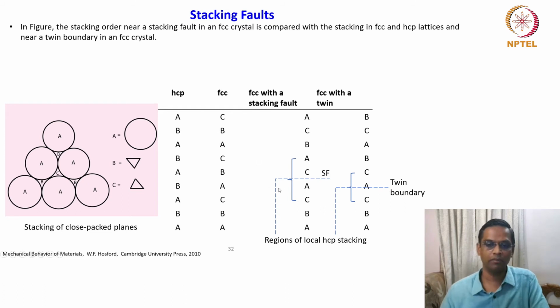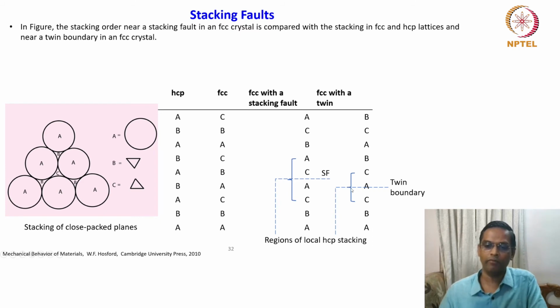Suppose there is a fault, suppose what we have just moved in the previous slide, the C is moved, then it creates that layer. So this is ABC and then it becomes AC. So this is a region of a stacking fault. Similarly, it can also form a twin if it moves like this, ABC and then AC. So here it becomes a twin.